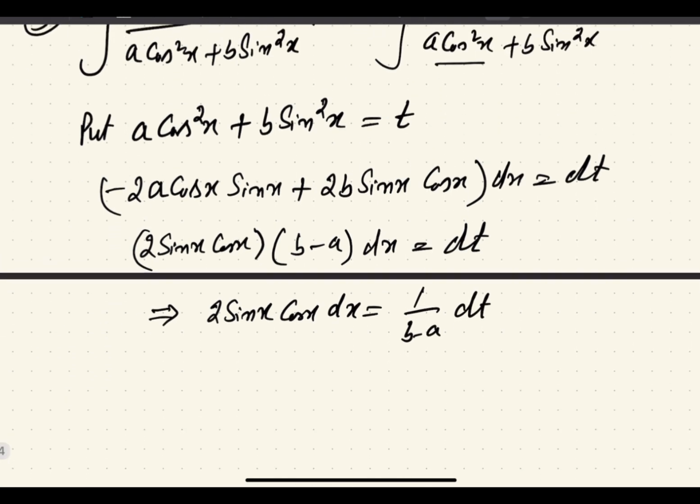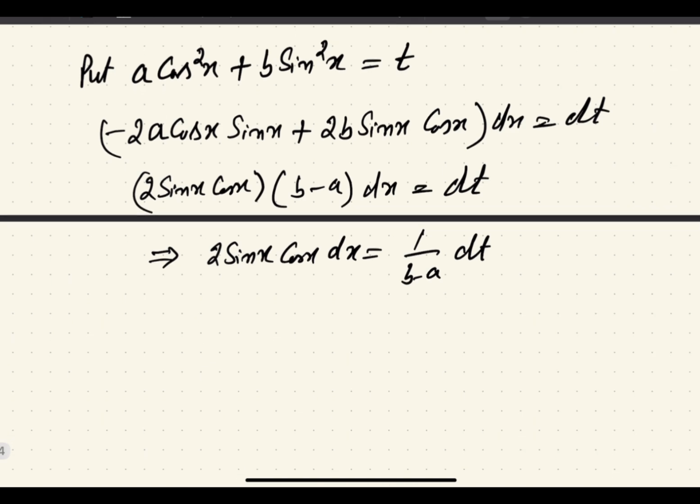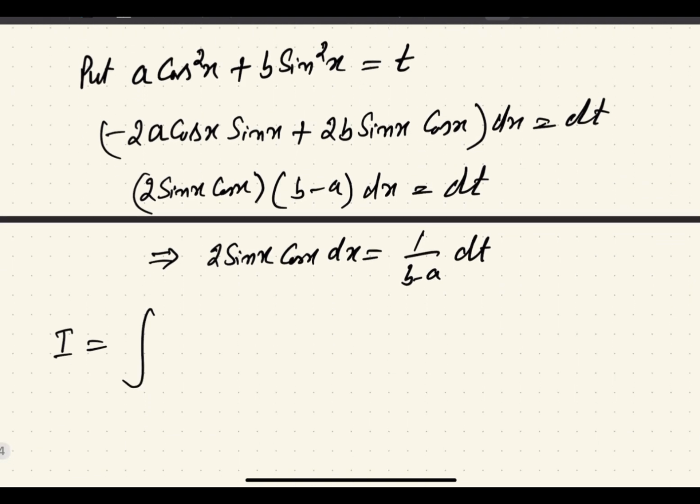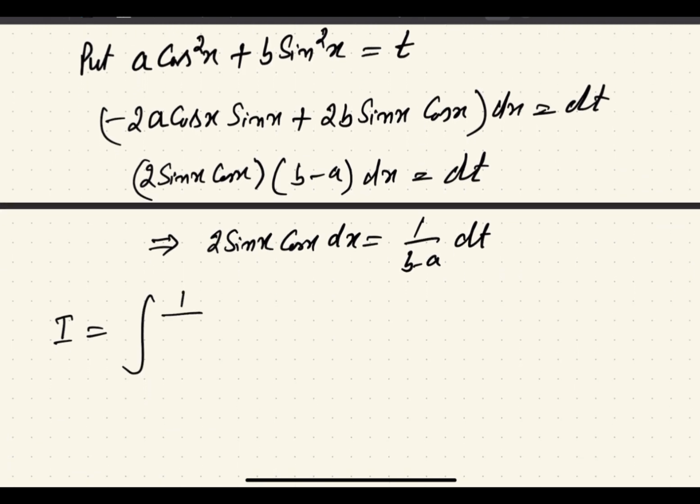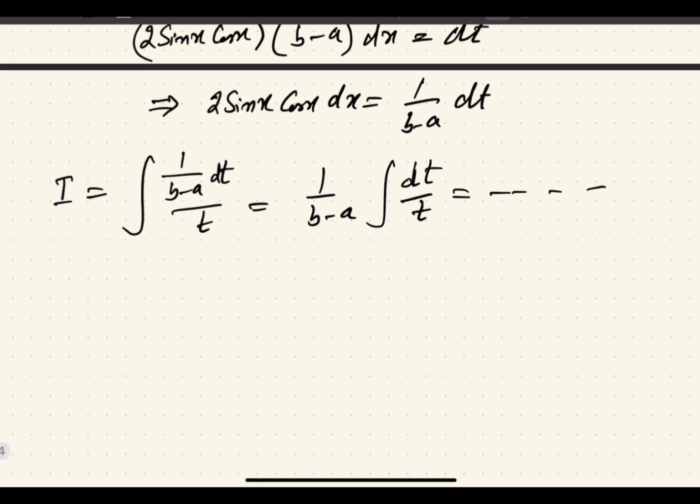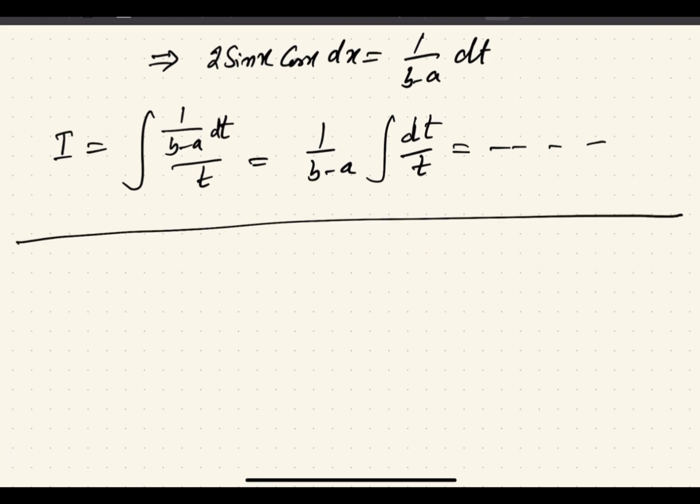And this question fifth, the integral, will be equal to 1 over b minus a, t, and here is t dt, and this equals 1 over b minus a integral dt over t, and that you can do yourself. Question is done, you can do after that yourself.